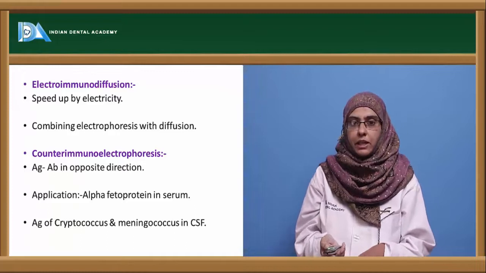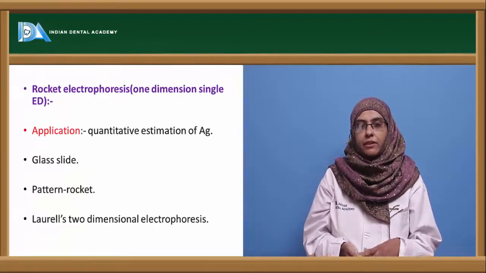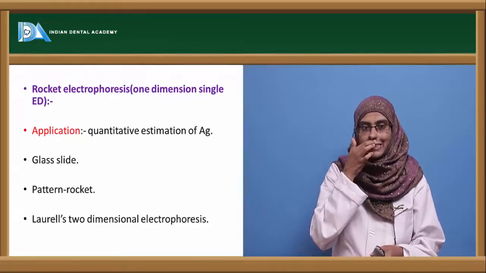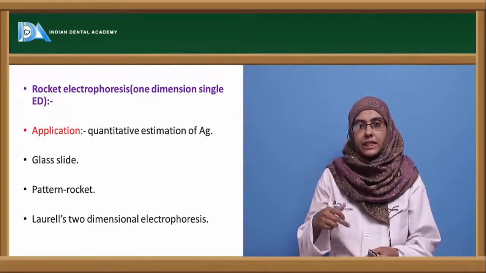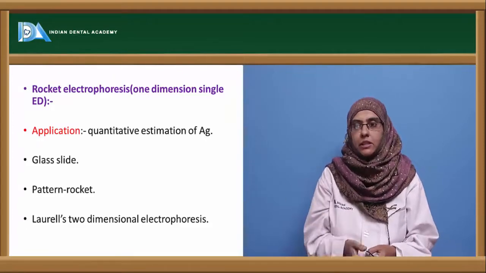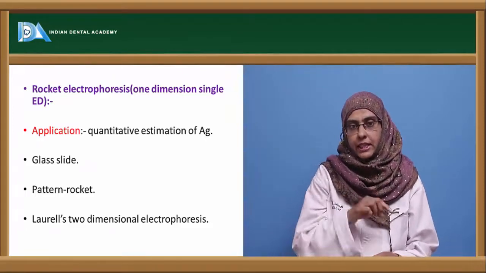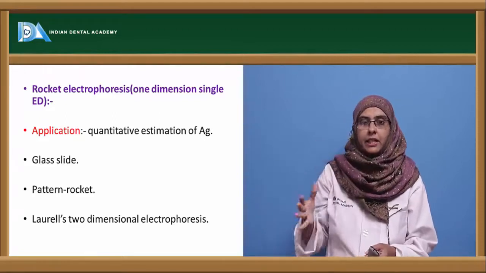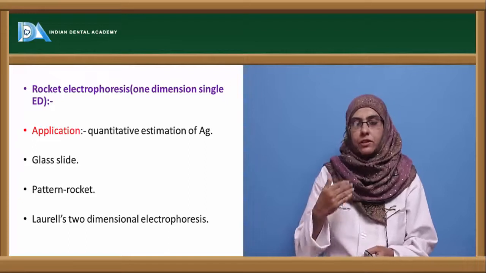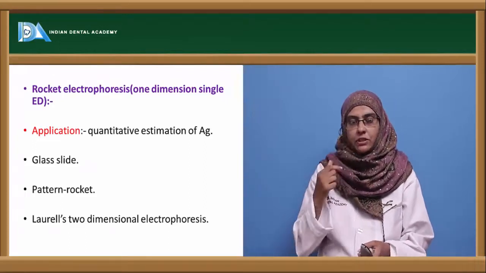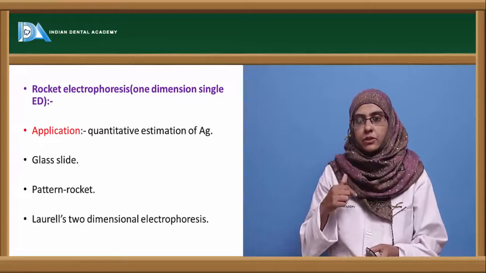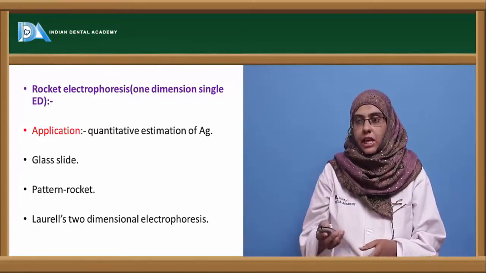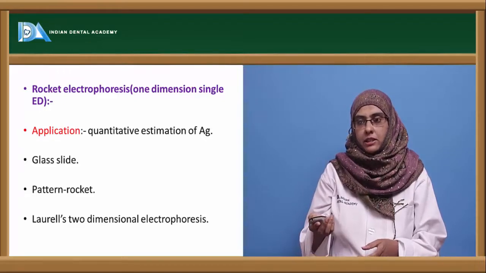meningococcus in cerebrospinal fluid. The next modified form of electroimmunodiffusion is rocket electrophoresis, where the distinct band is usually seen in the form of a rocket, hence the name. Here increasing concentrations of antigen are placed in wells on a gel containing the antibody and allowed to diffuse in the presence of an electric field.